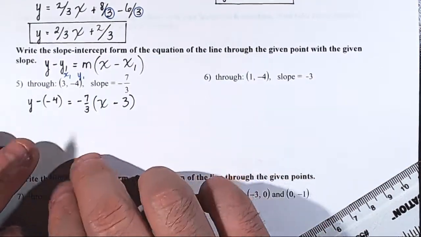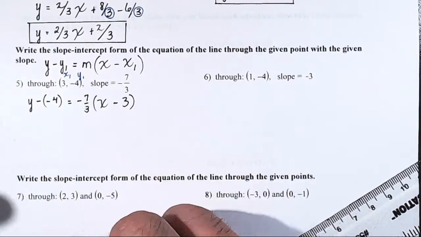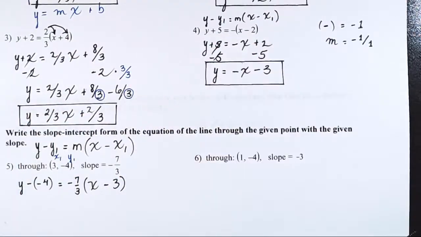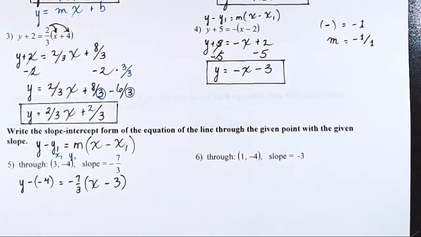And now we have the same problem we had before. We have the problem in point slope formula. We need to convert it into slope intercept formula.